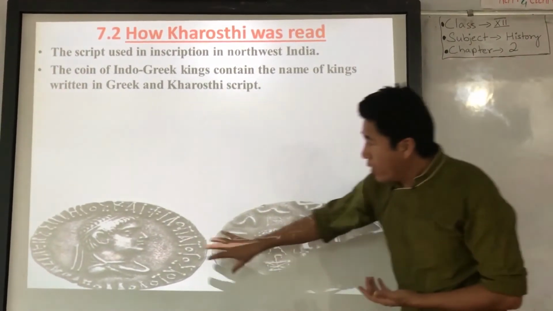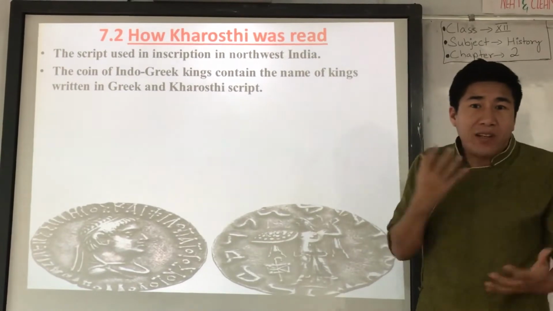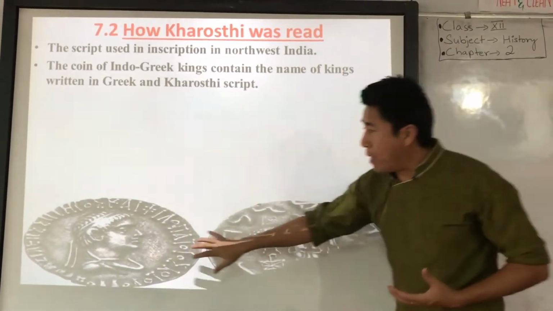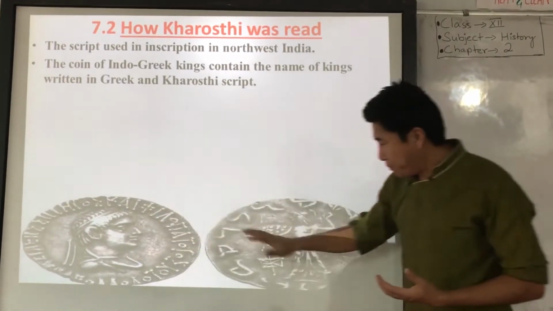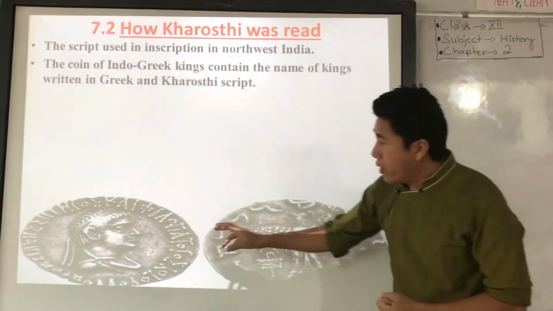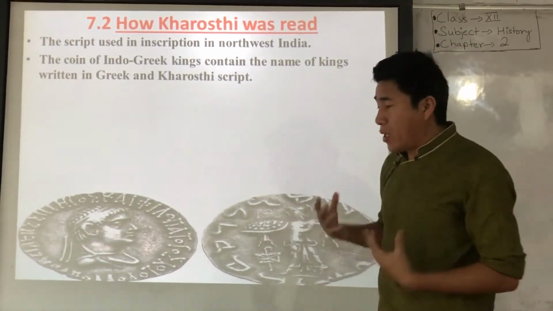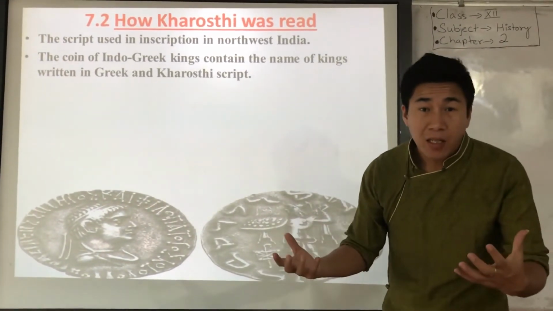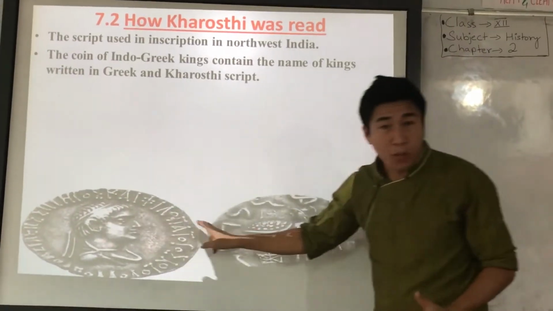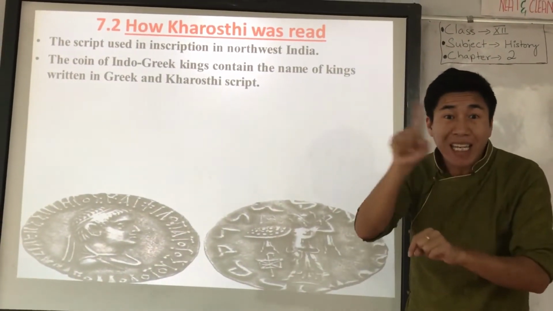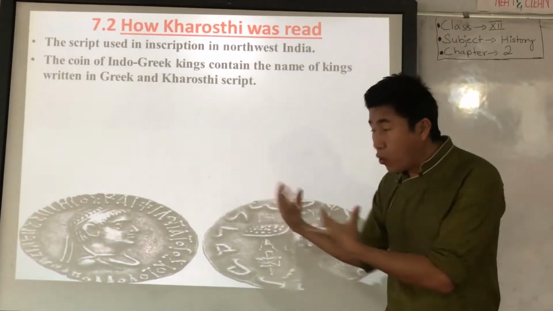Now the question over here is how historians deciphered this Greek and Kharoshthi script, right? Both coins were issued by the same king. Suppose the name of the king is Tashi, so here Tashi should be there, and here also Tashi should be there, right? So the letter T is present in both of these scripts.